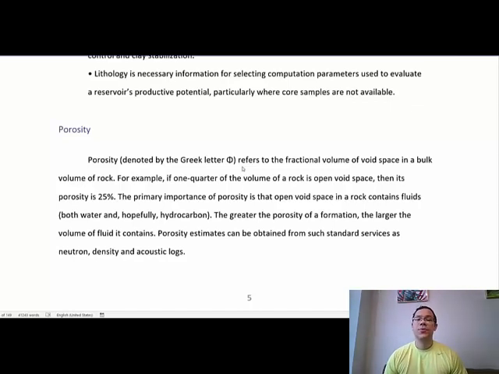Remember that we said that porosity was that void space within the rock that contains hydrocarbons. Well, what we really want is for those pore spaces to be interconnected so fluids can move through them and go to surface. But that is not always the case.